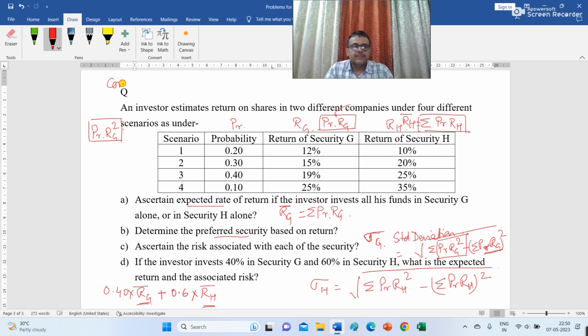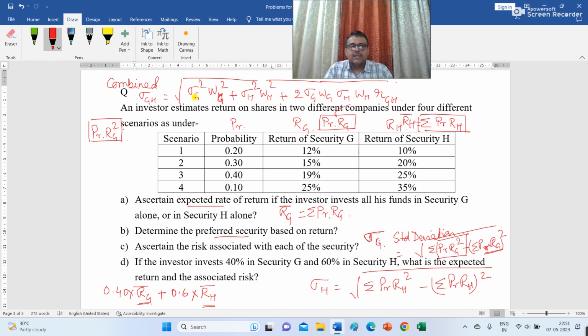So combined standard deviation of GH is equal to under root of sigma G square into weight of G square plus sigma H square into weight of H square plus 2 sigma G weight of G sigma H weight of H and the correlation coefficient of GH.